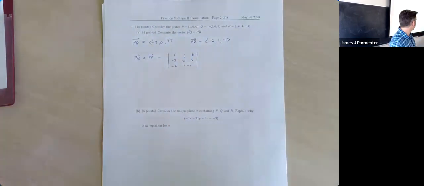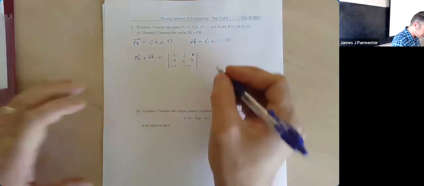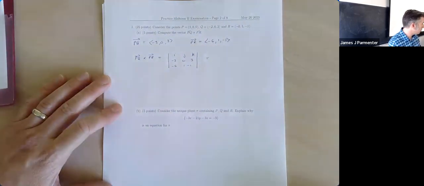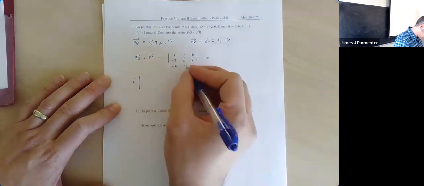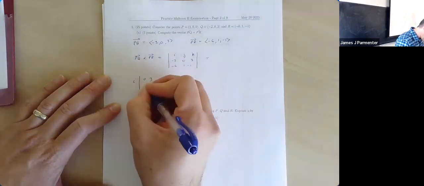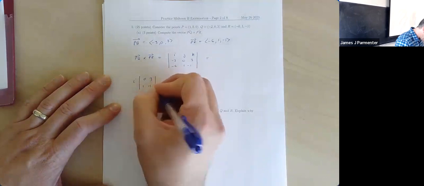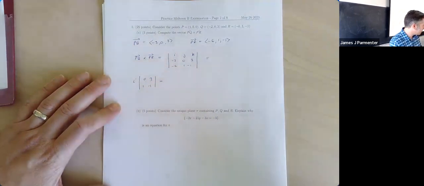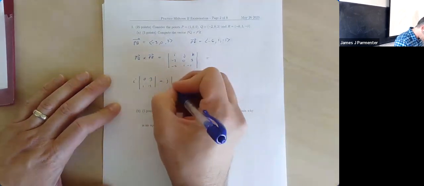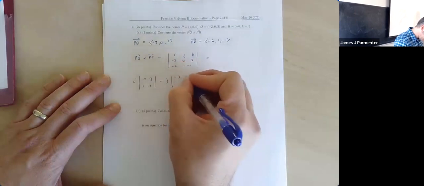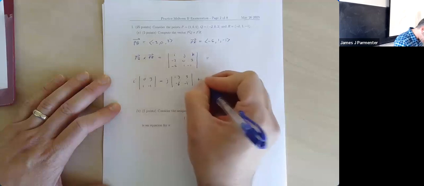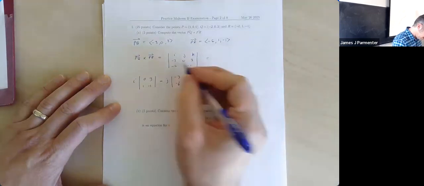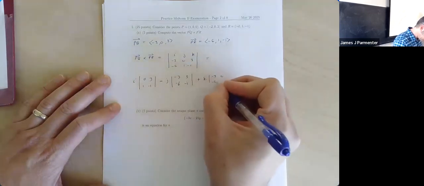You do this whichever way is most comfortable for you. I personally like the cofactor expansion way, where we do i times the determinant of the 2 by 2 matrix 0, 3, 1, -1, minus, definitely remember the minus sign for j, the determinant of -3, 3, -6, -1, plus k times the determinant of -3, 0, -6, 1.